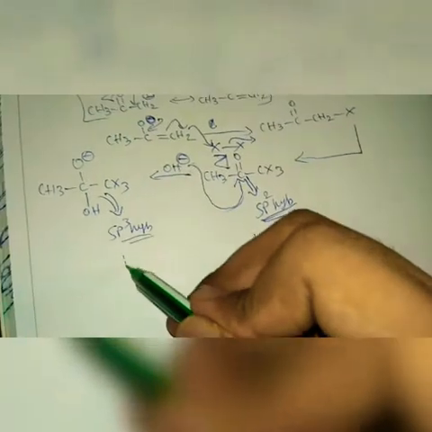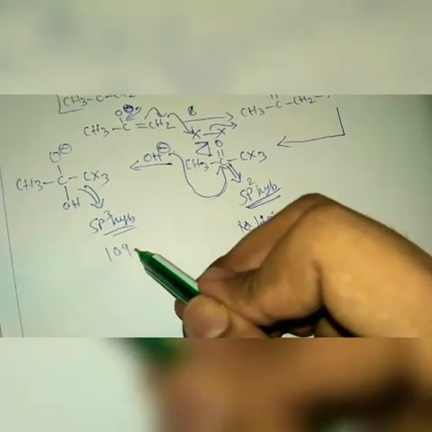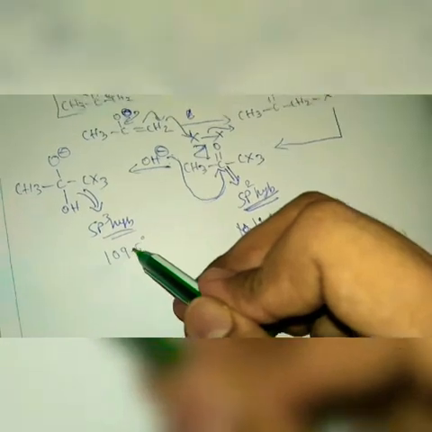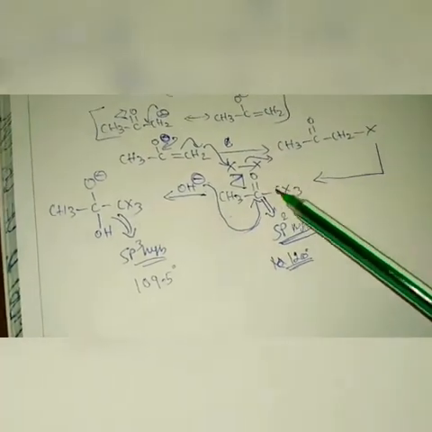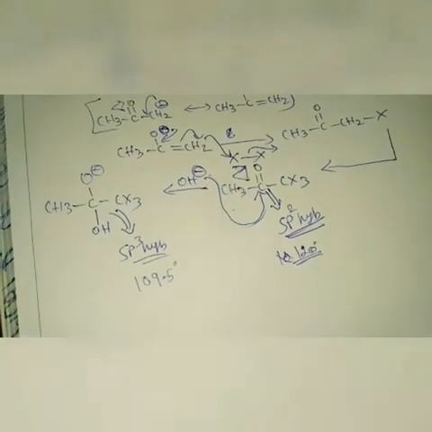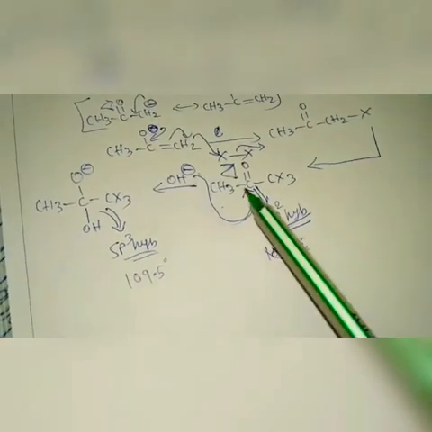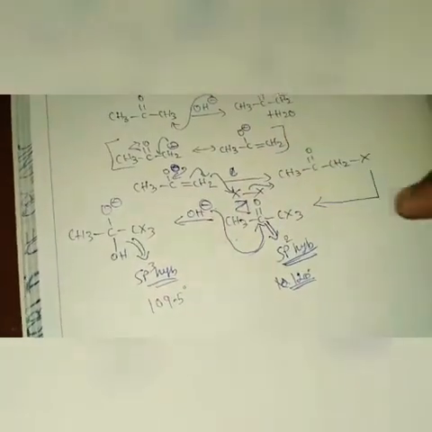But an sp3 hybridized carbon has an angle of about 109.5 degrees. So see here, only three groups are there, right? CH3, this O, and this CX3. These three groups are happy maintaining the angle of 120 degrees between them. But when one more OH group comes and attacks this carbon, the hybridization changes from sp2 to sp3, meaning within an angle of 109.5 degrees, the repulsion also increases between four groups. See, four groups, they should align themselves at 109.5 degrees, right?